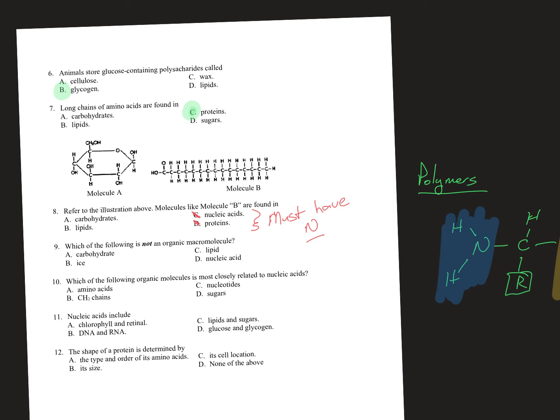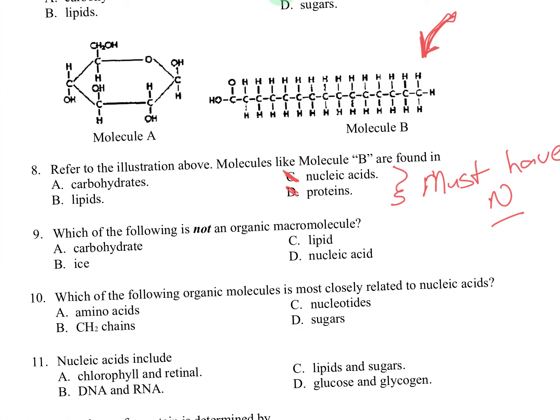Now, what did we say? We're looking at B. And we literally just said it. In fact, the previous questions told you the answer to this. Do you see in molecule B a lot of oxygen? What do I expect to see in carbohydrates? In both of these, I expect to see carbon, hydrogen, and oxygen.